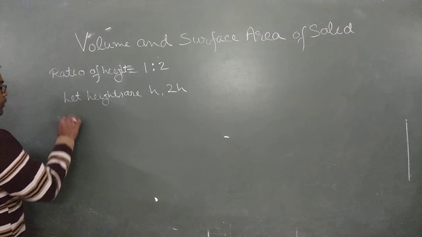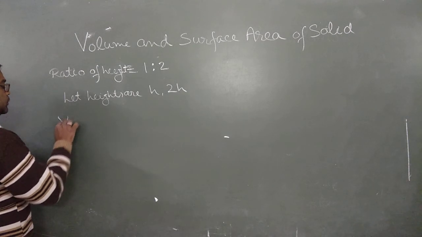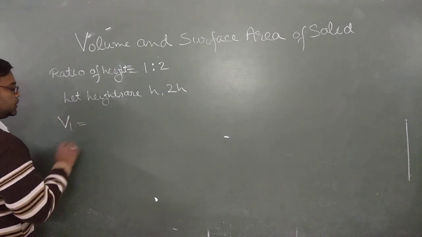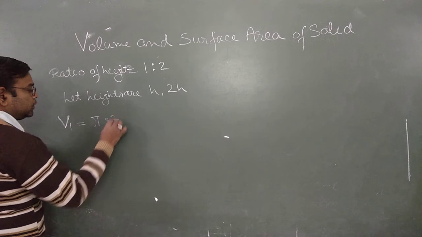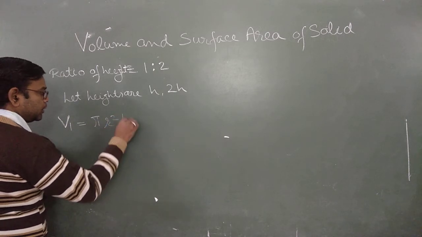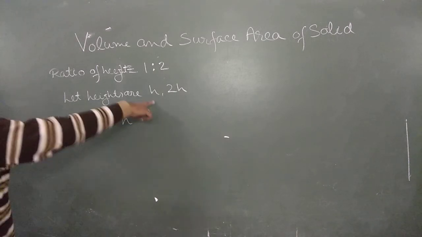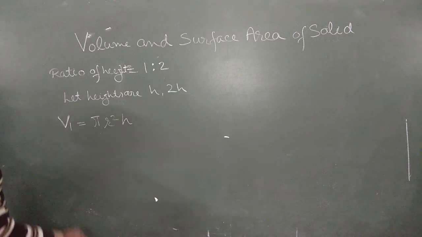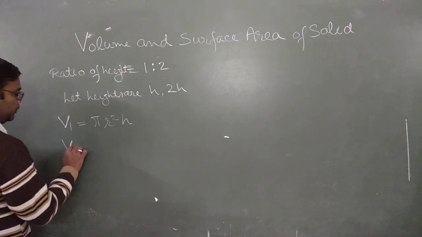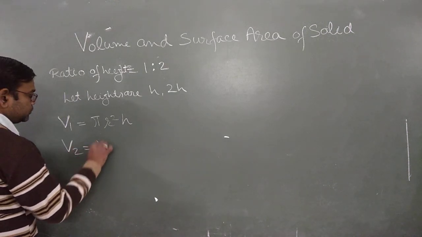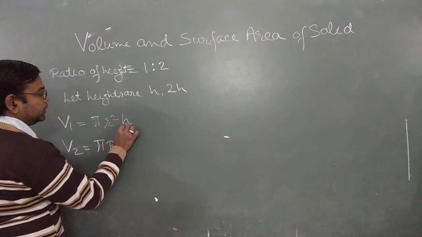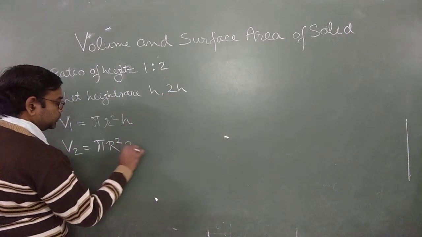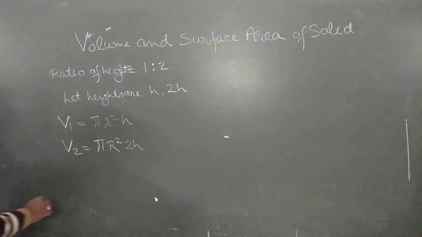So V1 is the volume for the first one, and this is pi r square h, because height is h, and volume V2 equals, we use pi capital R square, and in this case we have 2h, height is 2h.